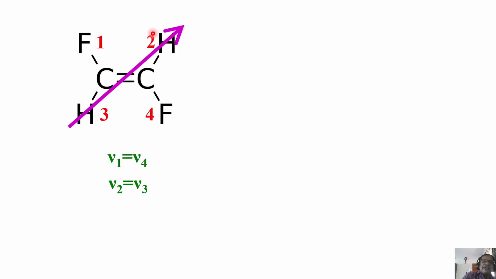Otherwise, if I attach some X here, or here I attach another functional group, then there is no symmetry. So in the proton spectrum, we have two different peaks. Similarly, in the fluorine spectrum, we have two different peaks. In this example, because of symmetry, this proton and this proton are equivalent, and this fluorine and this fluorine are equivalent. Okay. And what about other interaction parameters? We'll come to that later.